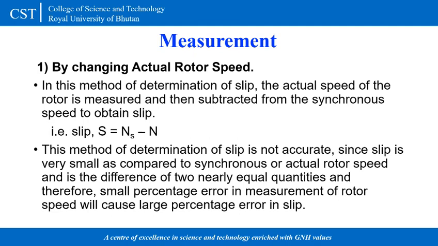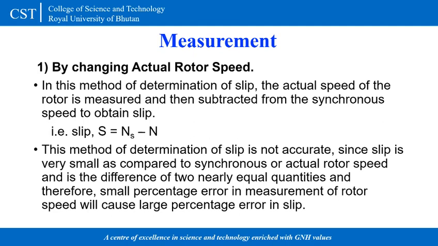In this method, we simply take the formula, that is S is equal to ns minus n. We use this formula to directly measure the slip, because with this method we will be able to directly get the value of ns and n.